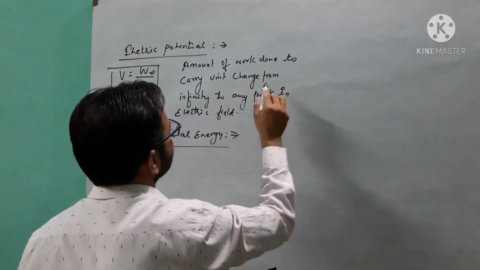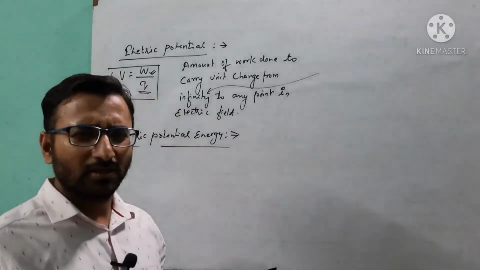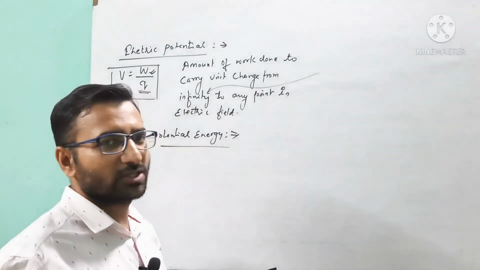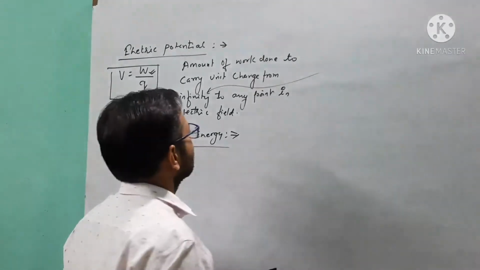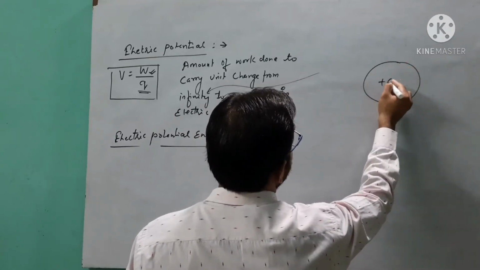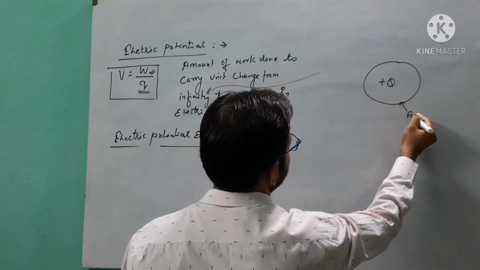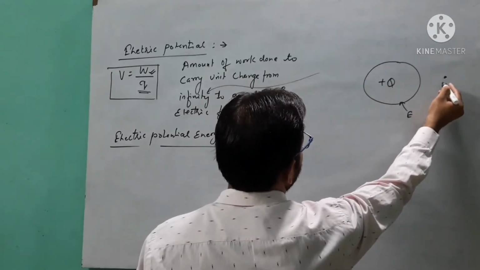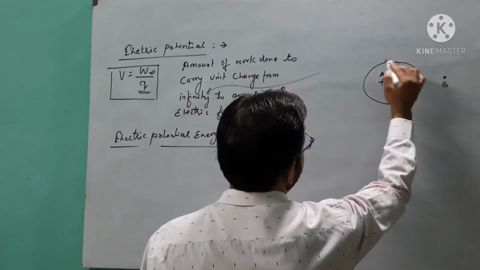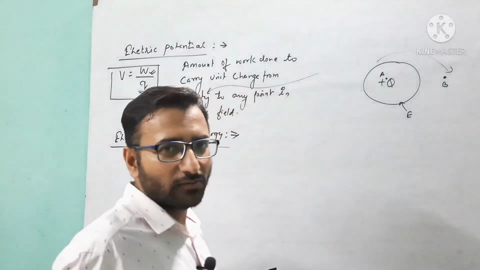So what is the meaning of infinity? We are talking about a point at a very large distance from the given charge plus q. Suppose our plus q charge is here, and due to this charge the electric field region is this. Suppose this is our point A, and if point B is outside the electric field, then this point is located at infinity.